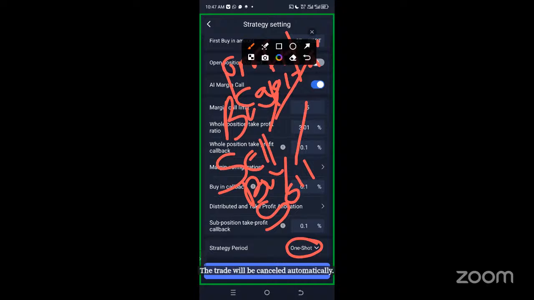The trade will be cancelled automatically by the robot after buying and selling the coin, under one shot.